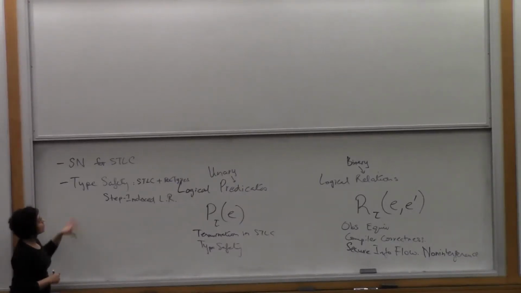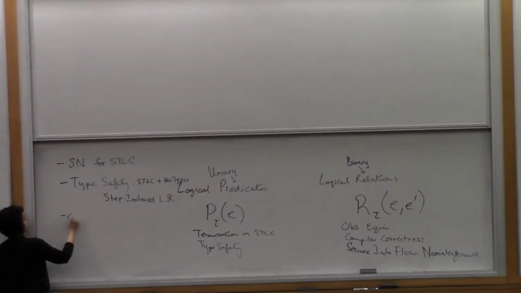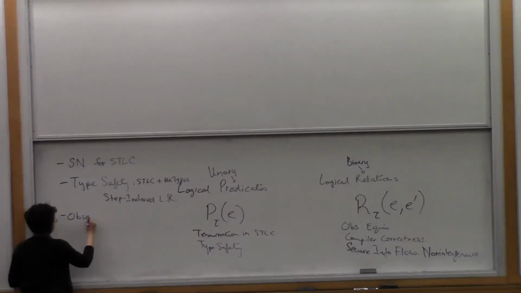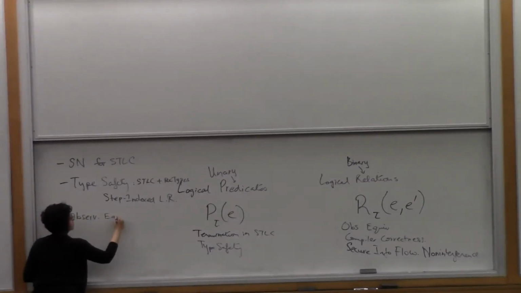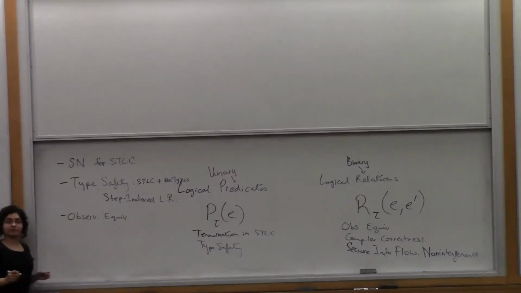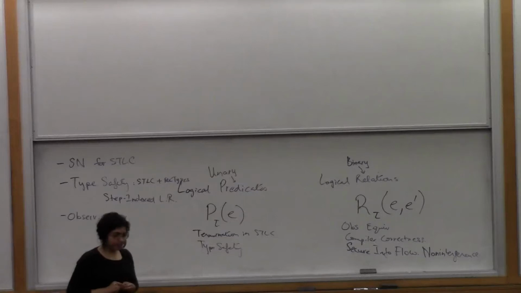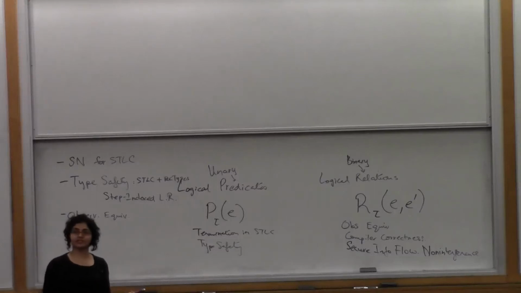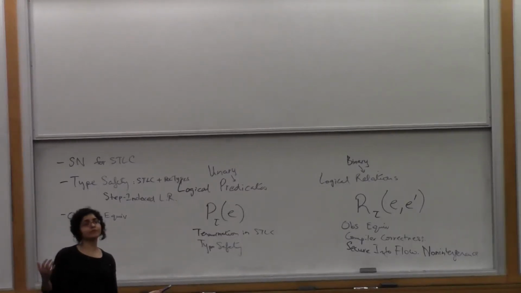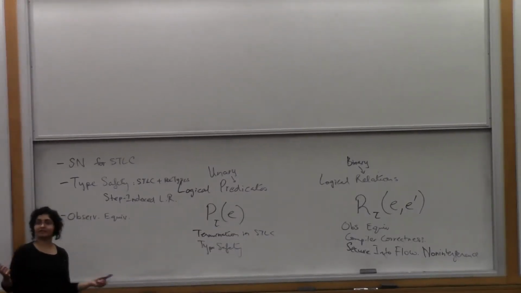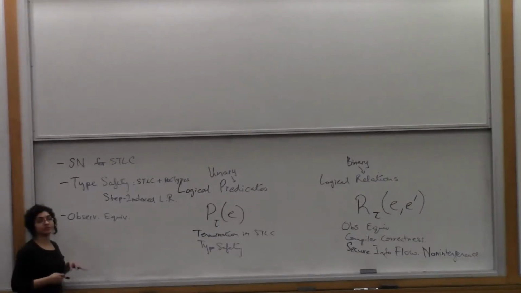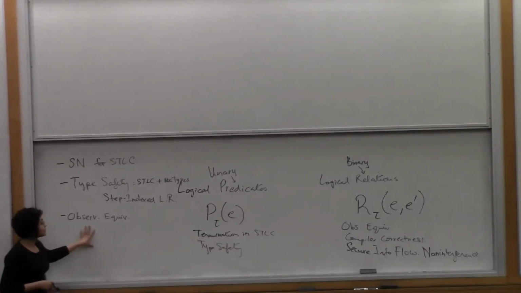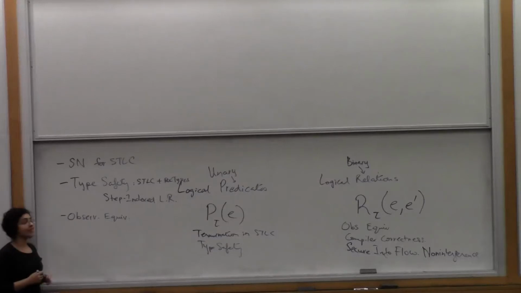Okay, so we'll talk about that, and then I'll start talking about observational equivalence, how you use logical relations to prove observational equivalence. And here we'll talk about, are people familiar with parametricity, representation independence, at least the terms? Yeah, I see some nods. Okay, good. So we'll talk about those notions here. So we'll start talking about abstract data types and so on.